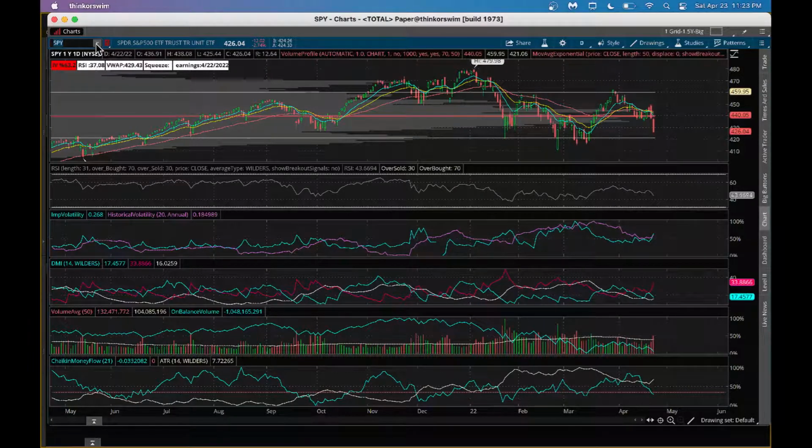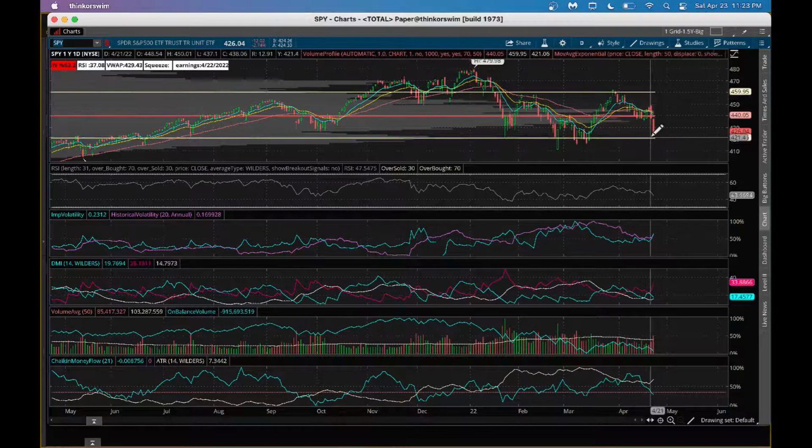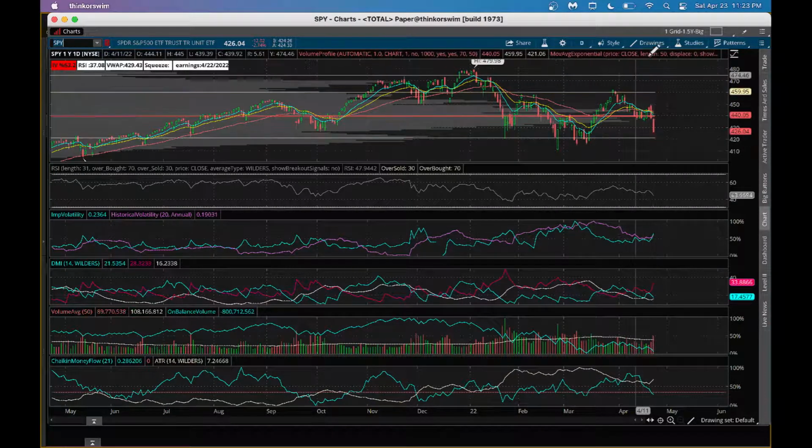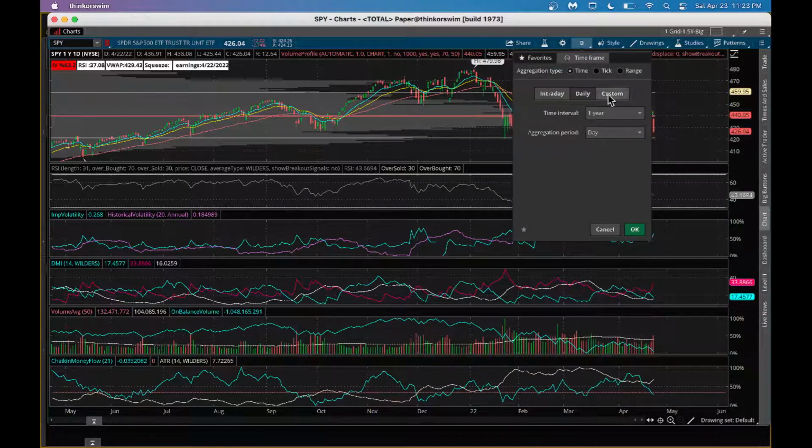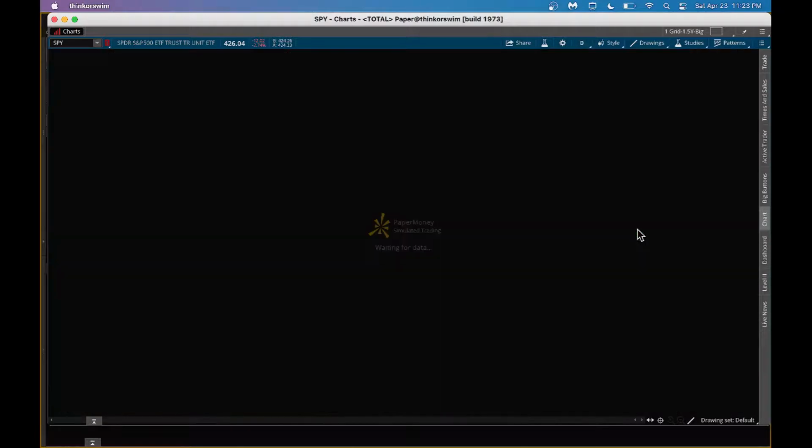Look, right now we got a 1 year chart in SPY. SPY came tumbling down, as you can see here. What I will do is increase the time frame and make it a 2 year time frame, so that way we can see a good support level for SPY.